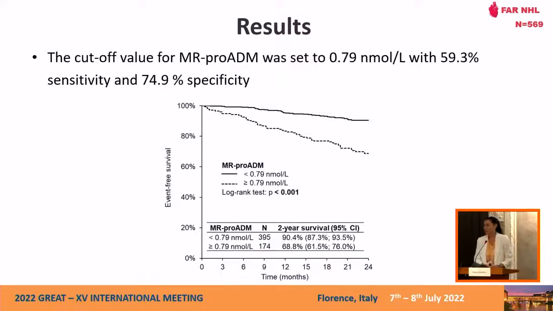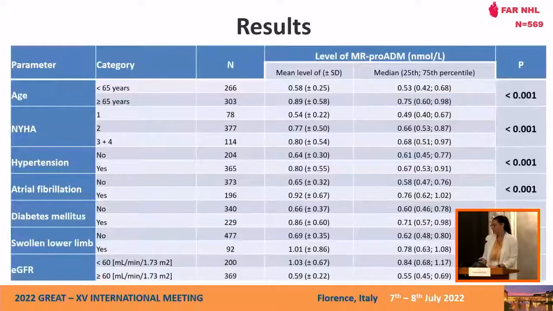Then we set the cutoff value for mid-regional proadrenomedullin to 0.79 for adequate sensitivity and specificity, and we again see the differences between the patients with lower and higher levels. Those with a high level reached the primary endpoint, meaning death, hospitalization, transplantation, or LVAD implantation, much more often than those with a lower level.